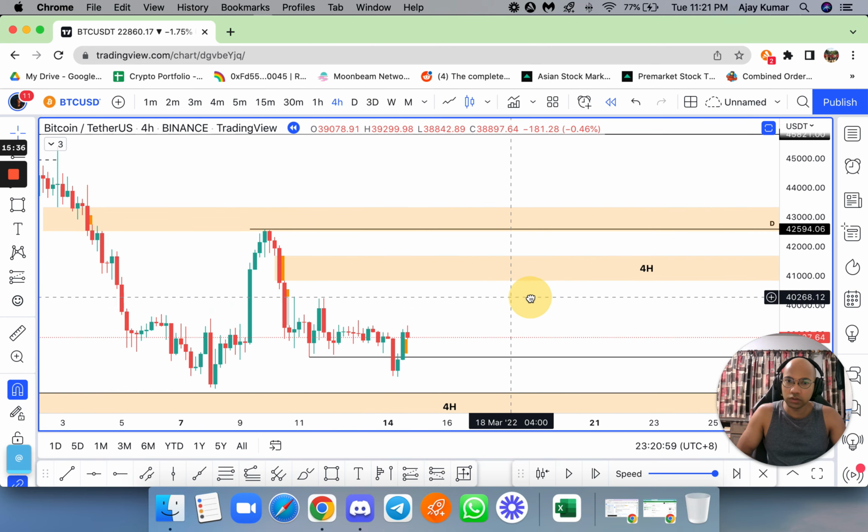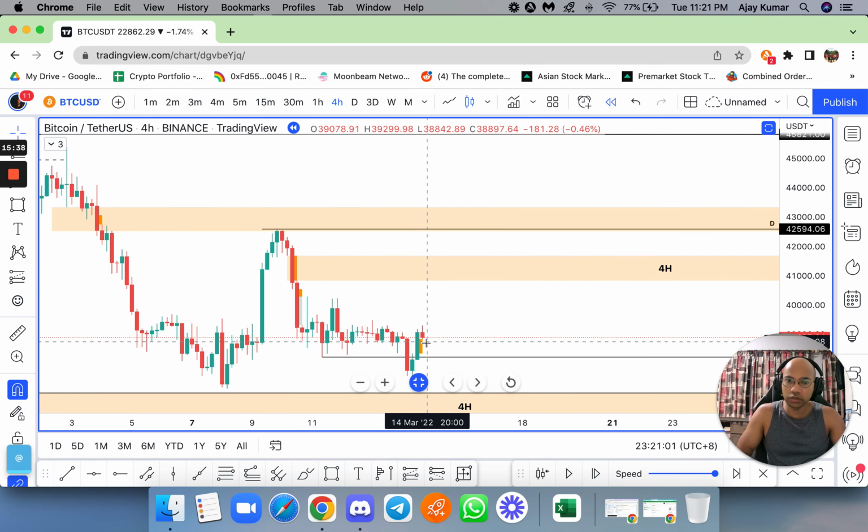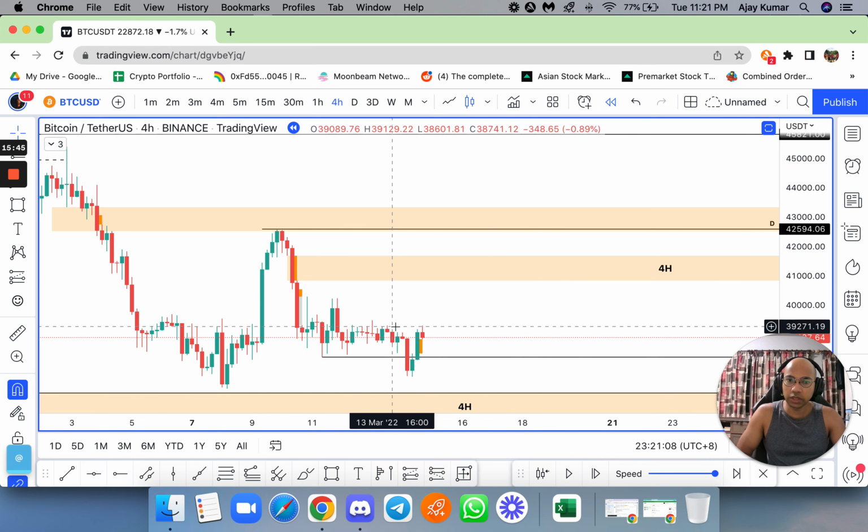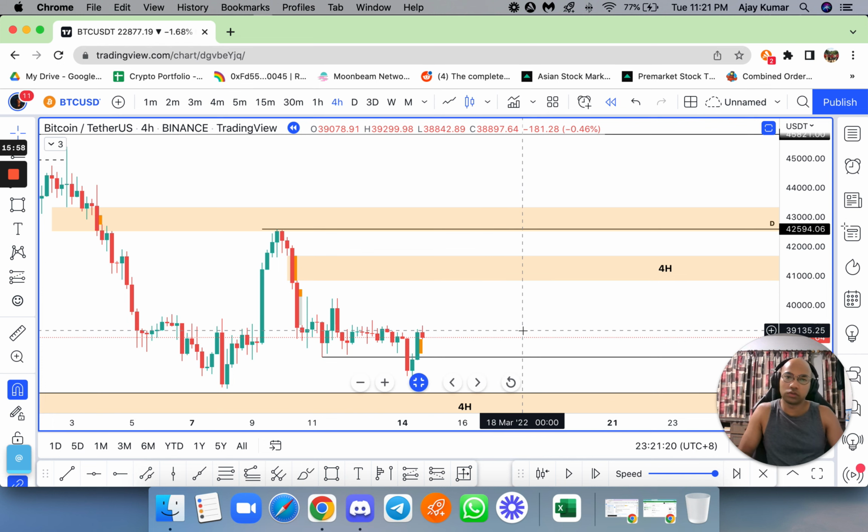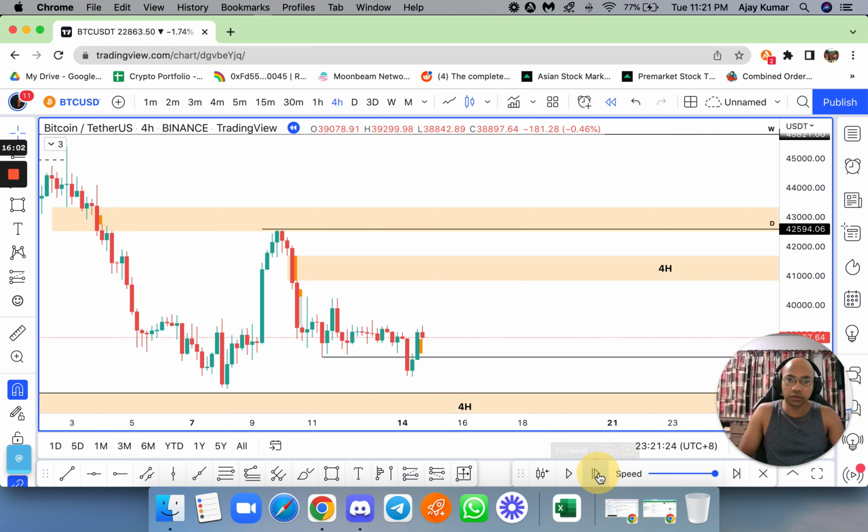Okay, yeah, so there's a fair value gap formed here. If price breaks this level with impulse, that would be my indication to long, my trigger for long. Okay, let's see if price breaks that level.